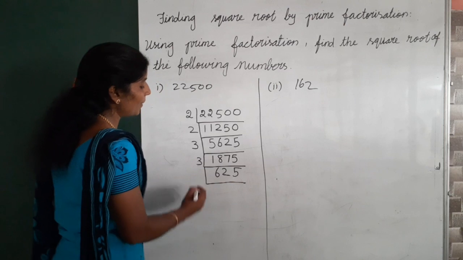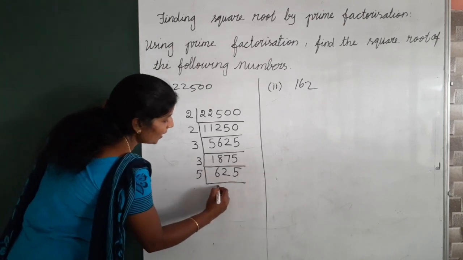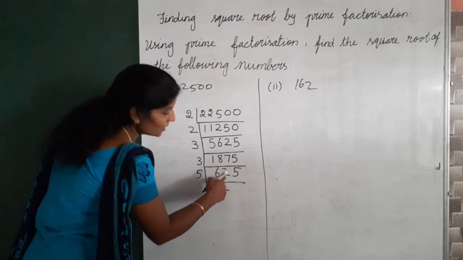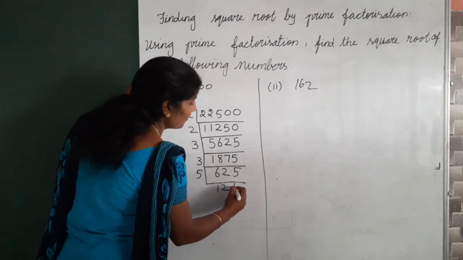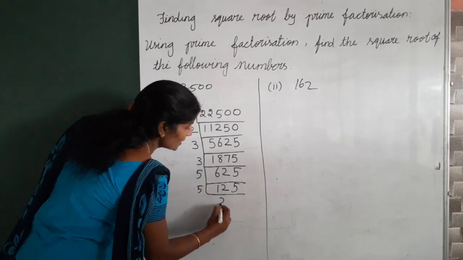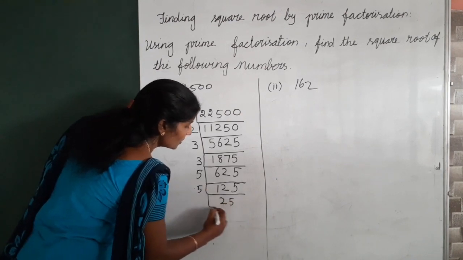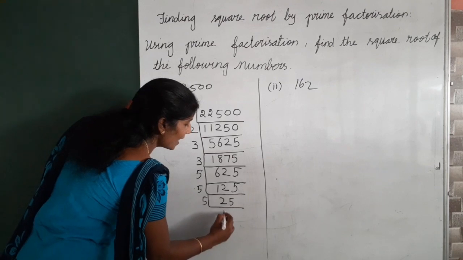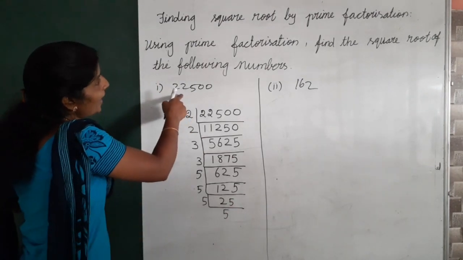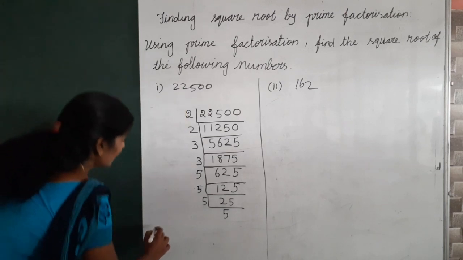This is not in the 3 table. Then the 5 table: 1 5 is 5, 2 5s are 10, 1 balance 12, 2 5s are 10, 5 5s are 25. Again 5 table: 2 5s are 10, 5 5s are 25. 5 5s are 25.